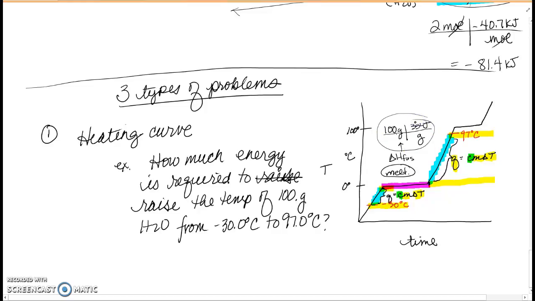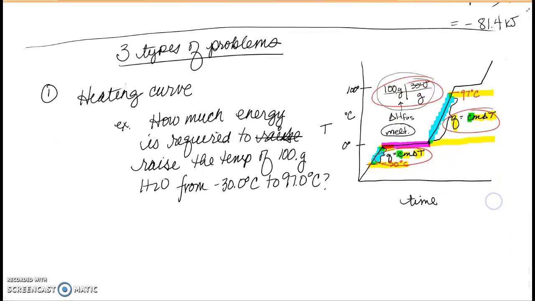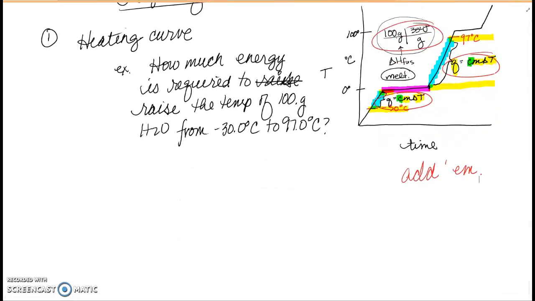Either way is fine, but that will tell me how much energy is used here. So I will have an answer to this, an answer to this, and an answer to this. I just need to make sure all of those are in the same units, and then I'm going to add them together.